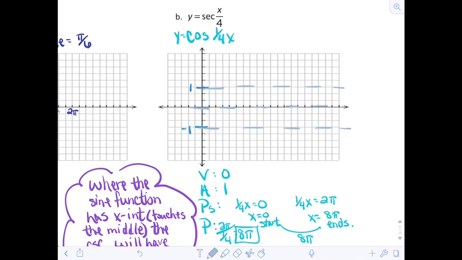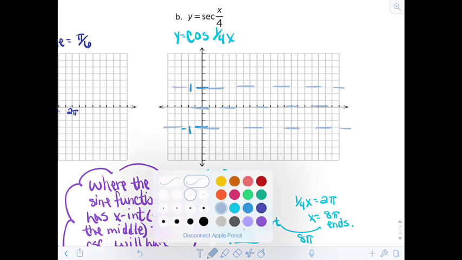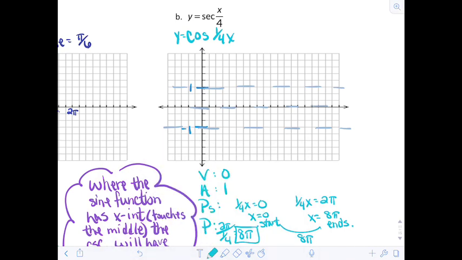Oh, I guess I should label my axes. That would be nice, Ms. McDaniel. Okay. So, since we need to go all the way out to 8 pi, I did a scale of pi over 2, and I actually labeled every 2 pi.